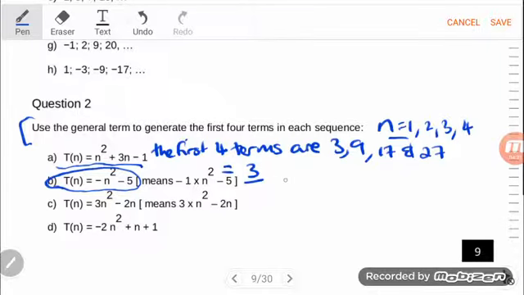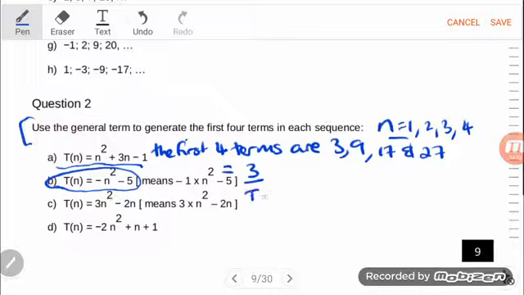Okay, so our equation now, we're doing B. Tn is equal to negative n squared minus 5. So, same thing again. Everywhere we see an n, we're going to replace it with a number to find out what our term is.